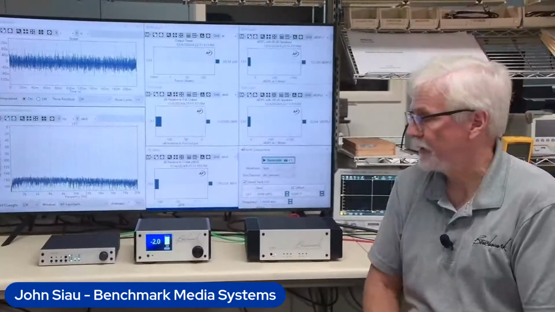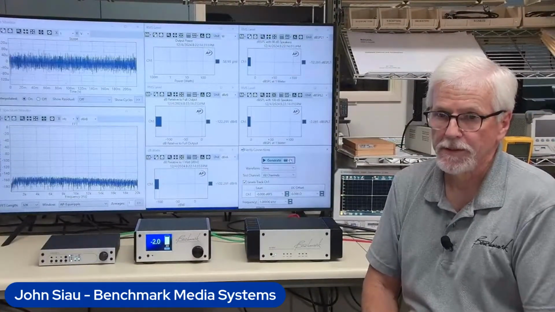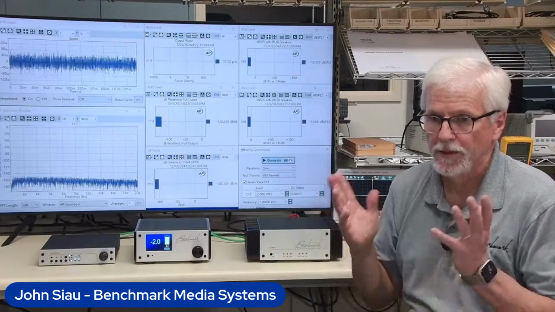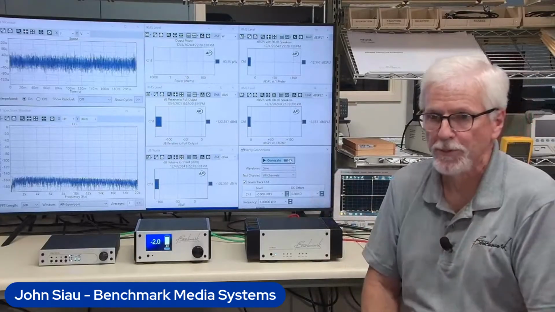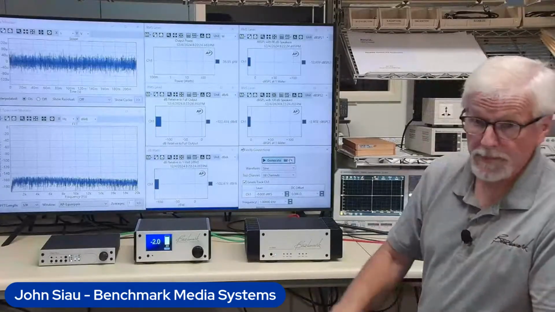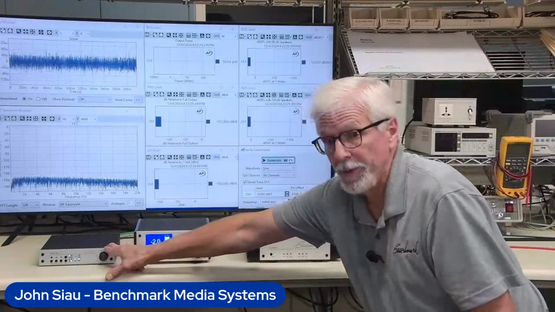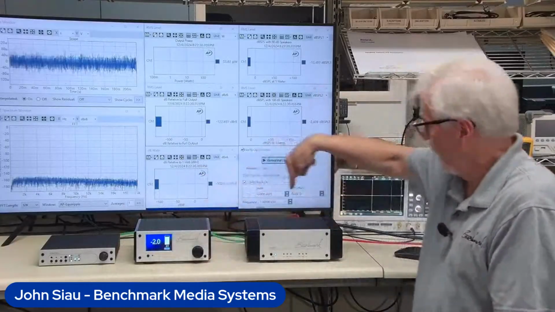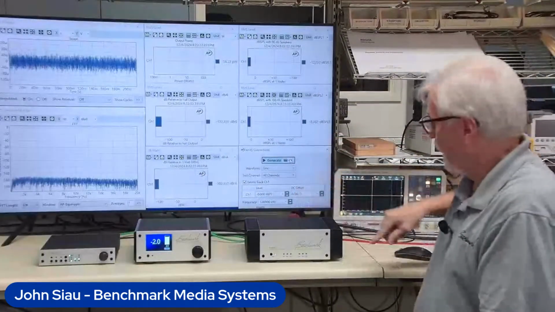If you want to talk in dBu units, the units that we normally use with professional audio, now it's putting out 24 dBu. I'm taking a 2 dB cut going into the power amplifier.